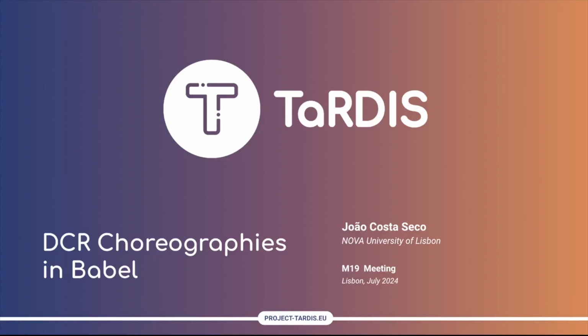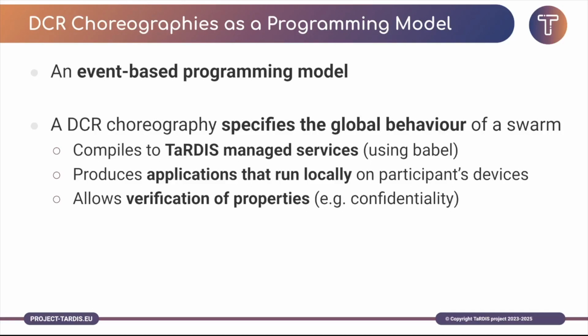This is a demonstration to illustrate the use of DCR choreographies to specify the behavior of heterogeneous swarms in TaRDIS. DCR choreographies are one of the chosen event-based programming models to specify the behavior of heterogeneous swarms in TaRDIS.